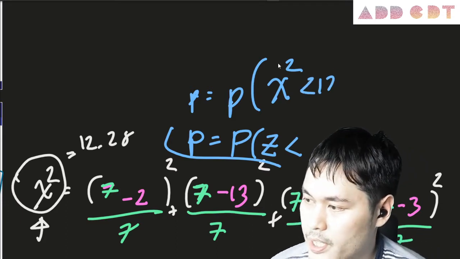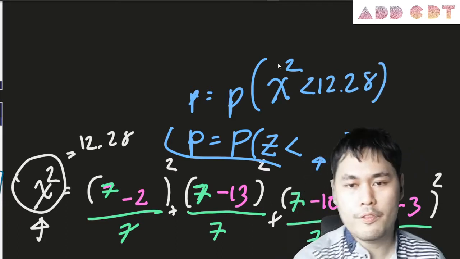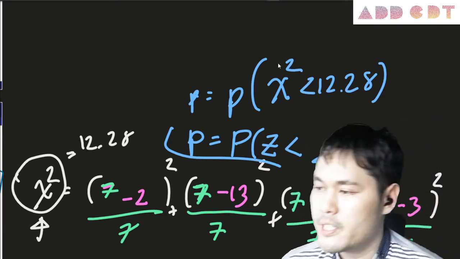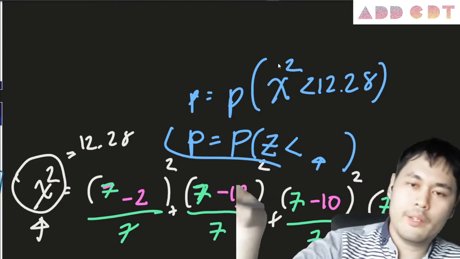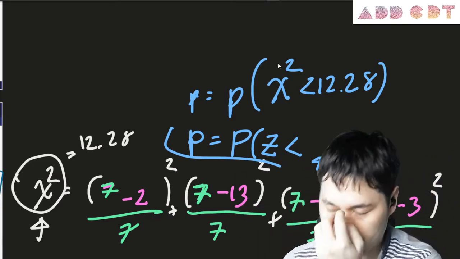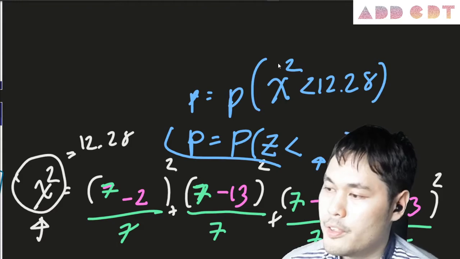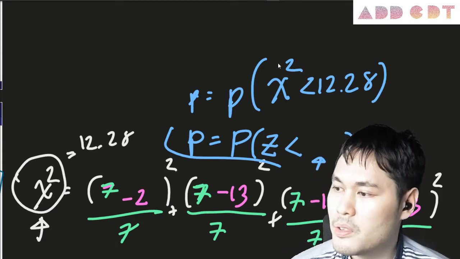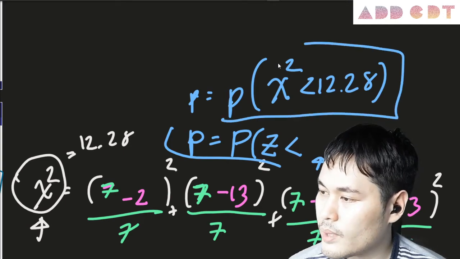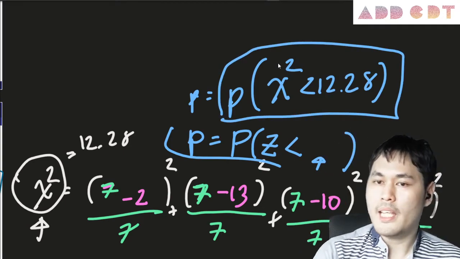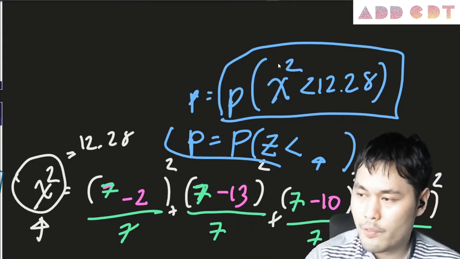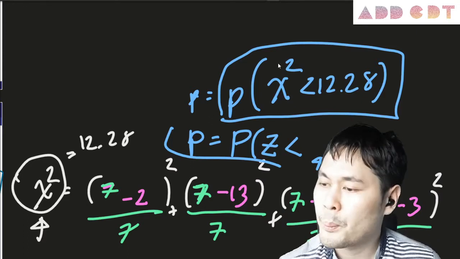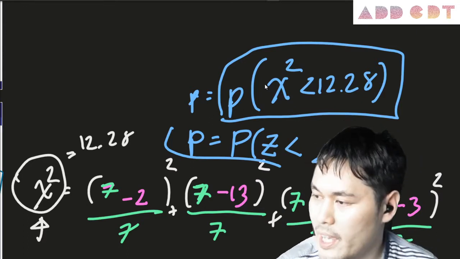This is the test statistic that we have computed, which is 12.28. Then we can look up the chi-square table with degree of freedom 3, whatever table it is, to see what this gives us, and that final value from the table is the p-value that we want. But we are not going to touch that.